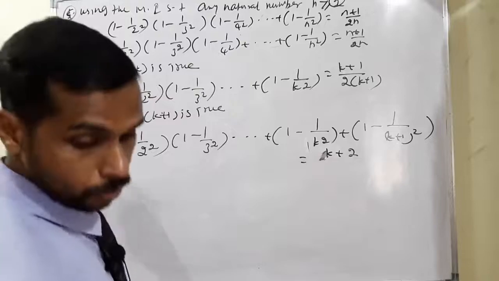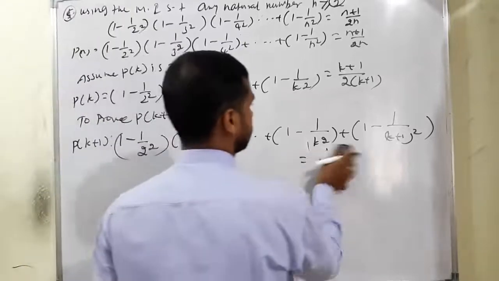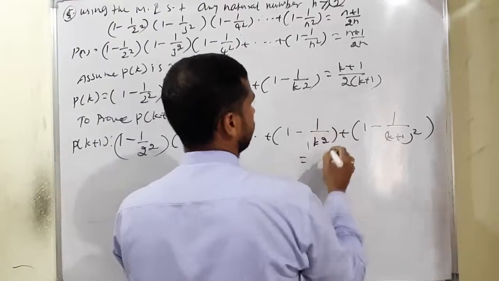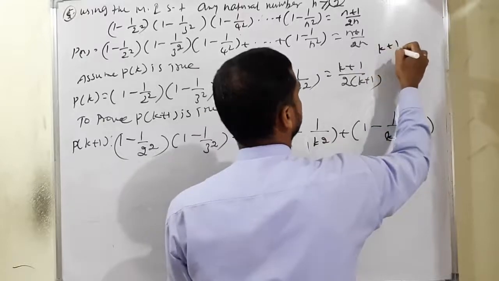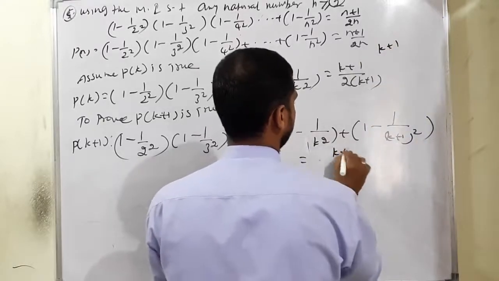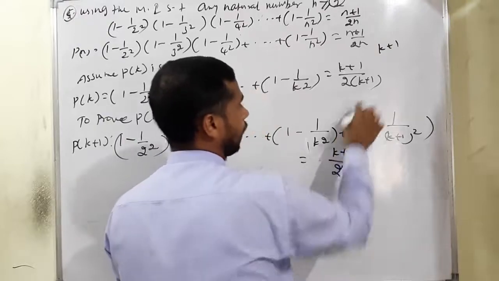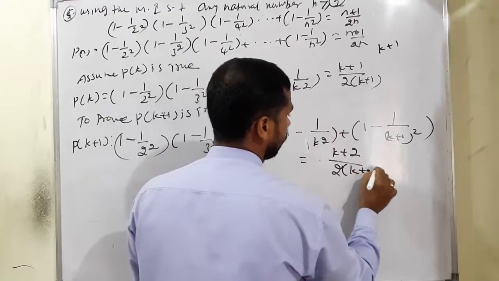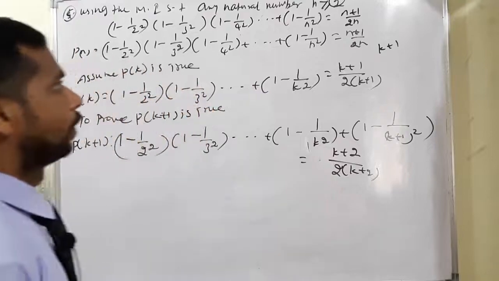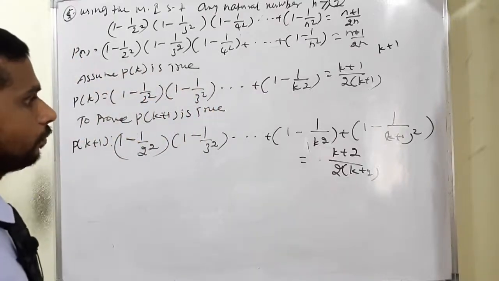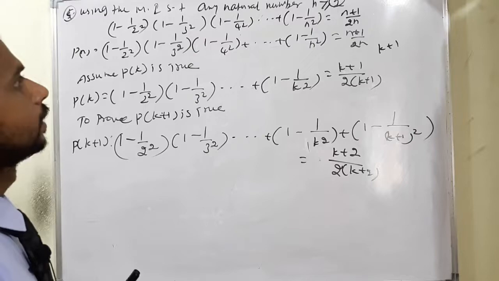So k plus 1 means instead of k, take k plus 1, already plus 1 is there, therefore we write k plus 2, again divided by 2 into, already k plus 1 is there, therefore we write 2k plus 2, isn't it? So now k plus 1, k plus 2 is there. Condition is clear.